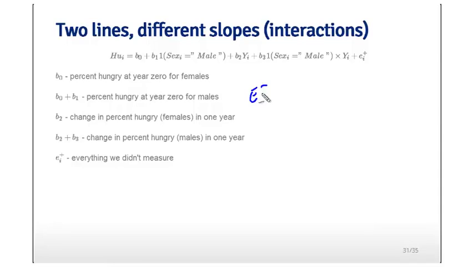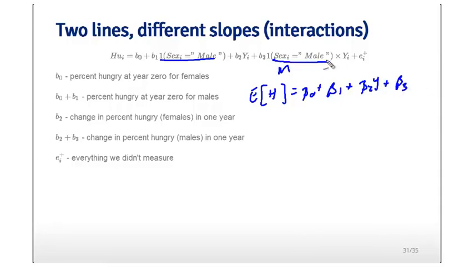Here, our expected value of our outcome for males is beta naught plus beta 1 if they're male, because that guy will be 1, plus beta 2 y, plus beta 3, that guy will be 1, beta 3 y, and then the epsilon goes away in the expectation. That's the expected value of h when they're male. The expected value of h when they're female is beta naught plus beta 1.